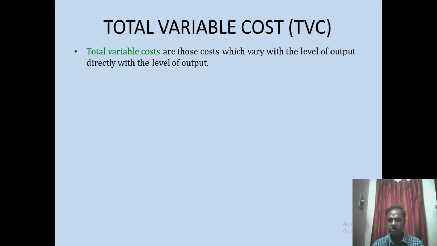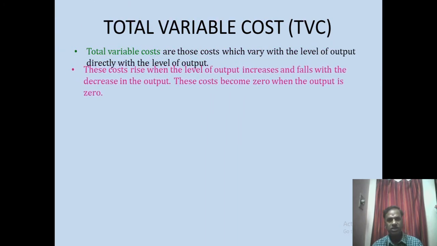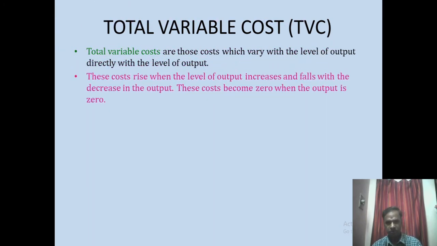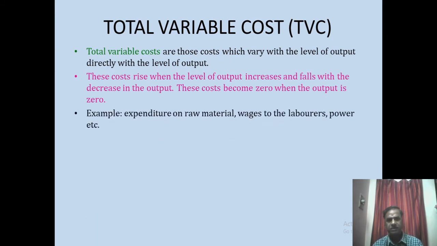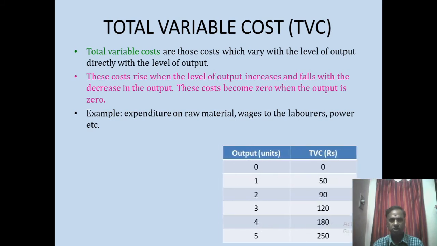So these costs change with the changes in the level of output. The next one is example, expenditure on raw material. If you want to increase the production, you need more raw material. If you want to increase the production, you have to employ more laborers. And the expenditure on power also will increase.